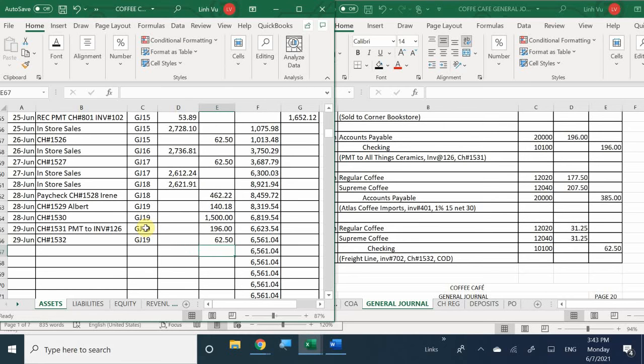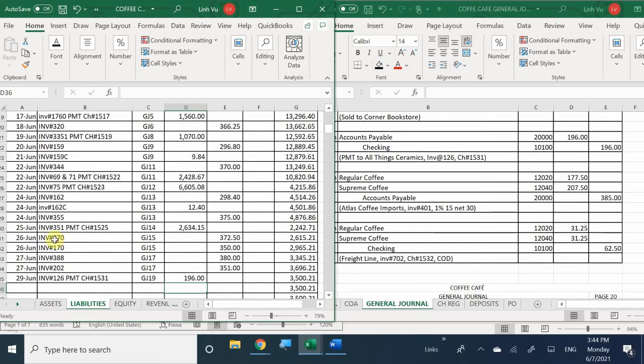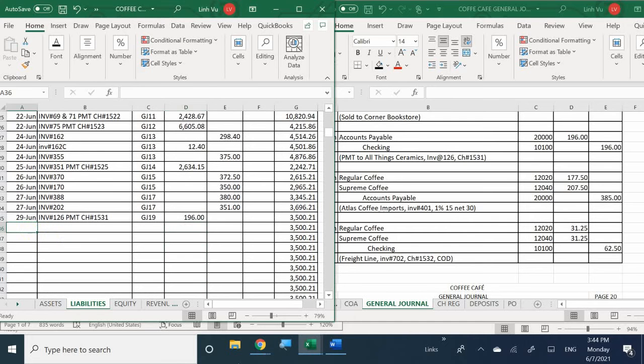All right, everyone okay with that? Yes. I'm good. So what's next, Felipe? We are definitely going to do our accounts payable. Yes, we're going to go to our accounts payable. The 29th of July. Our invoice is going to be 401.